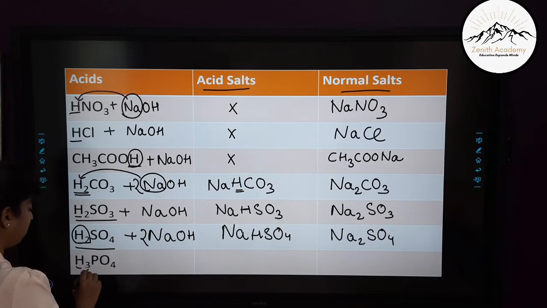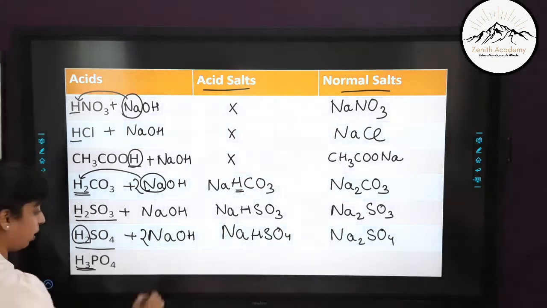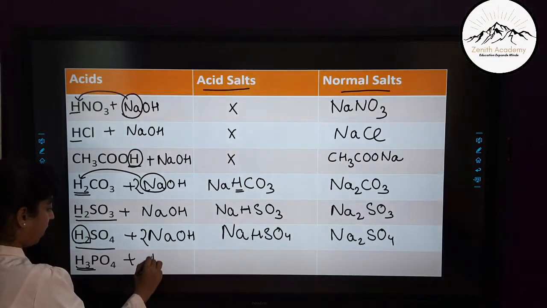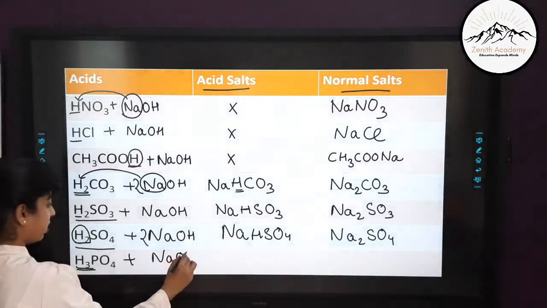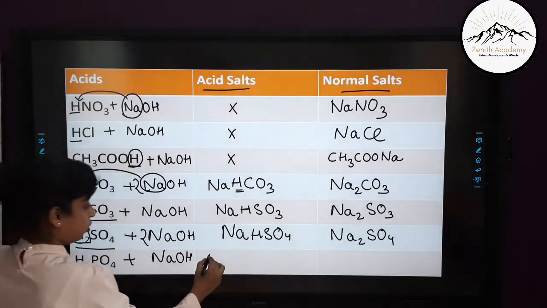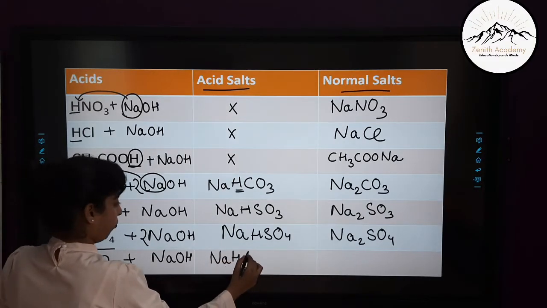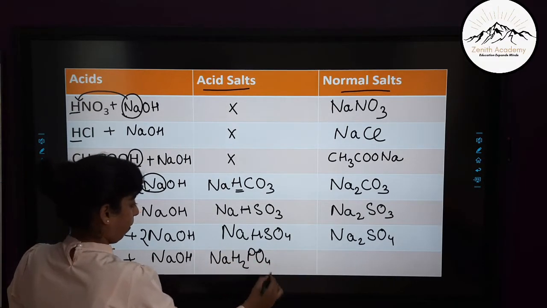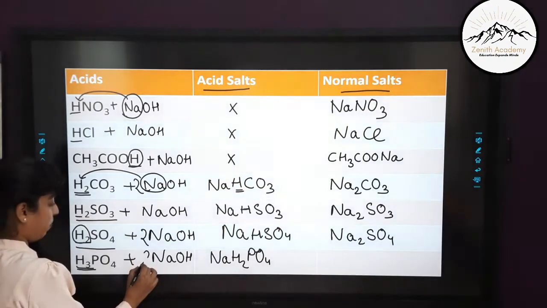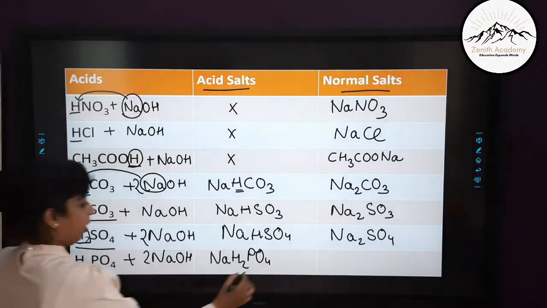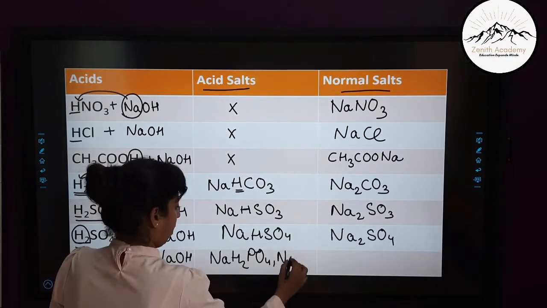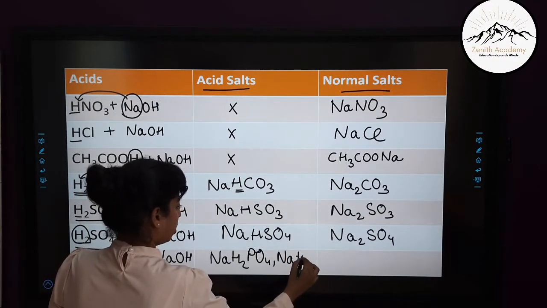Now here there are three replaceable hydrogen atoms. Okay. So if I take NaOH, first I replace only one hydrogen. So it will form NaH2PO4. And then if I replace two hydrogen, it can form Na2HPO4.